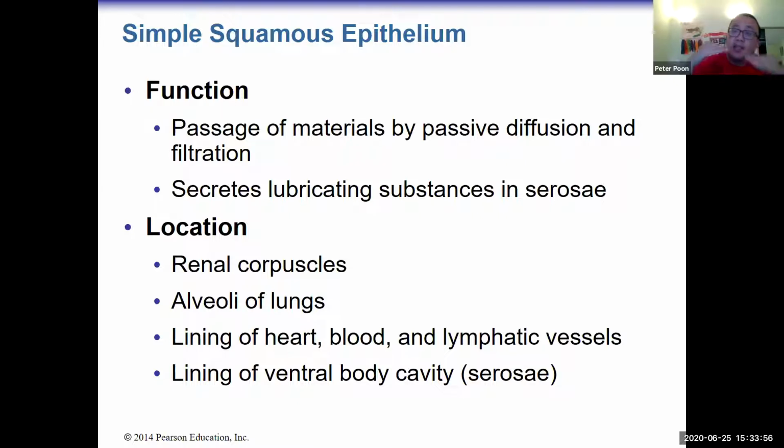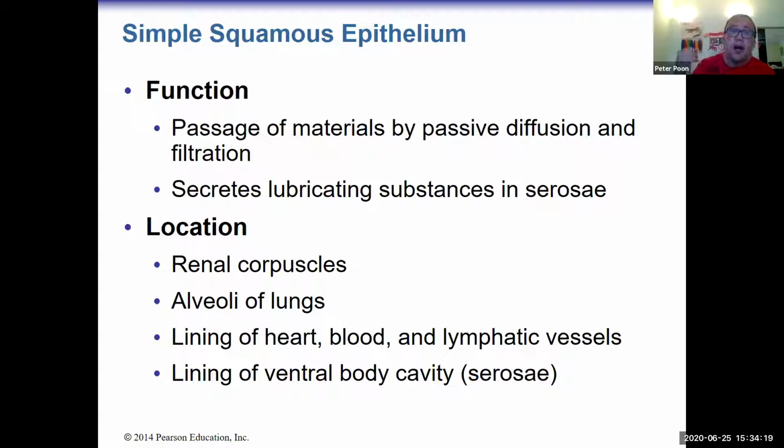What it is going to allow is for things to pass through. Like it's easy to see through a single sheet of paper, so it's easy for stuff to move from one side of the paper to the other. So simple squamous epithelium really is for passage of materials by passive diffusion or filtration.